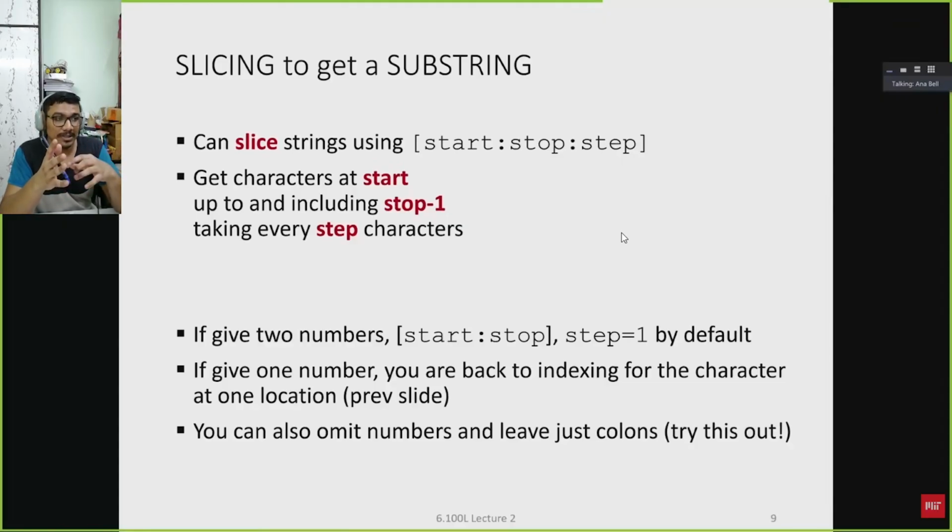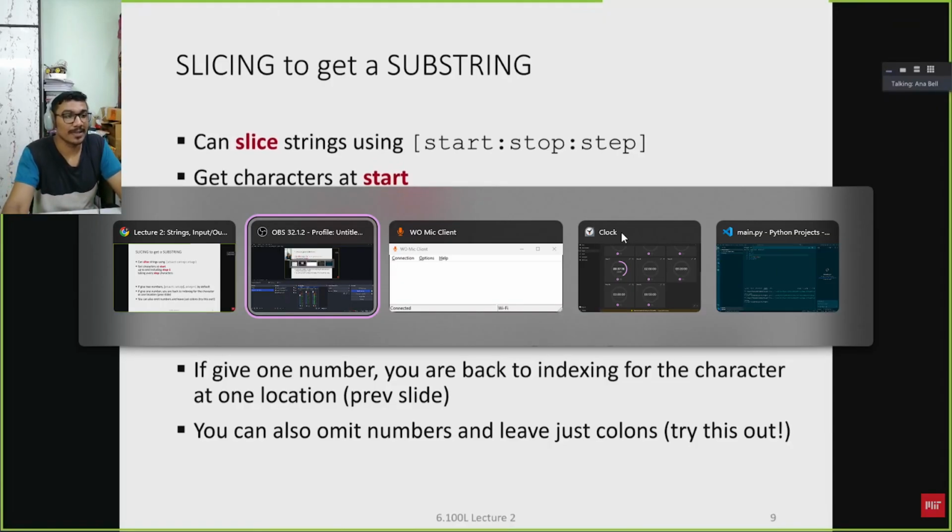Like the basic code for the slicing can be written as the square brackets, and you write the starting index, whatever the number of the starting index, then stop, then step. Okay, so get characters, start at start up to and including stop -1. Okay.